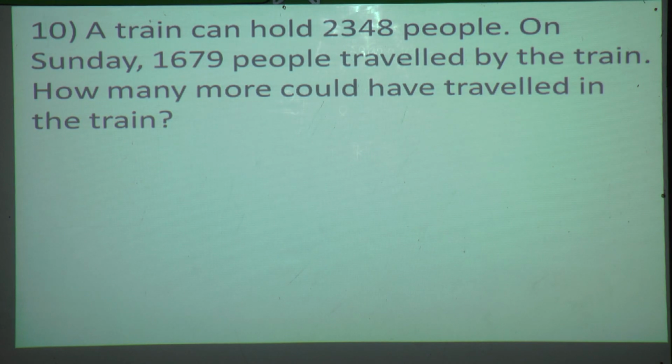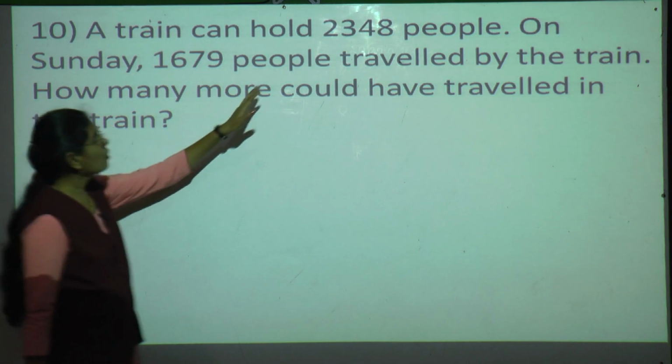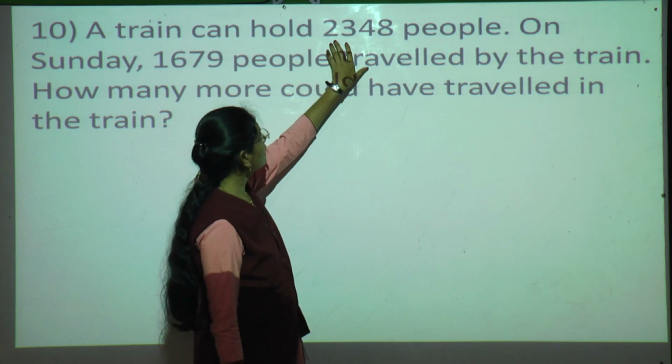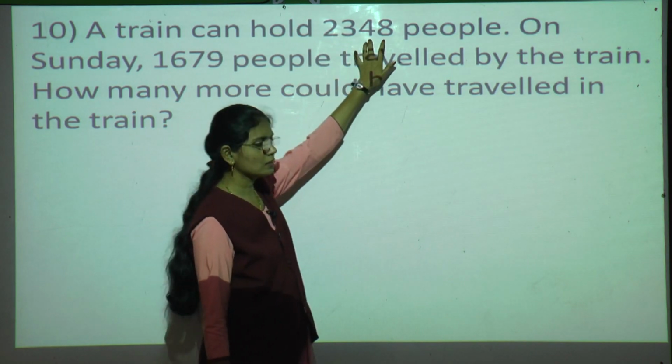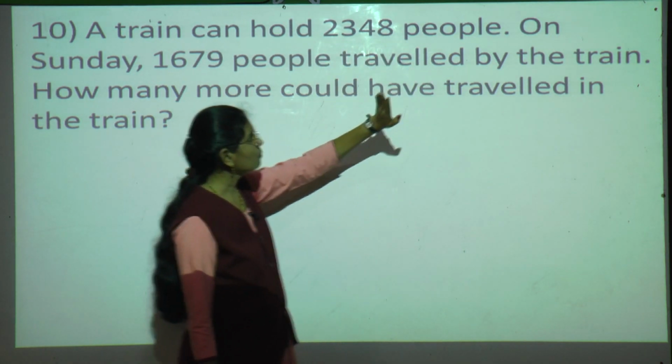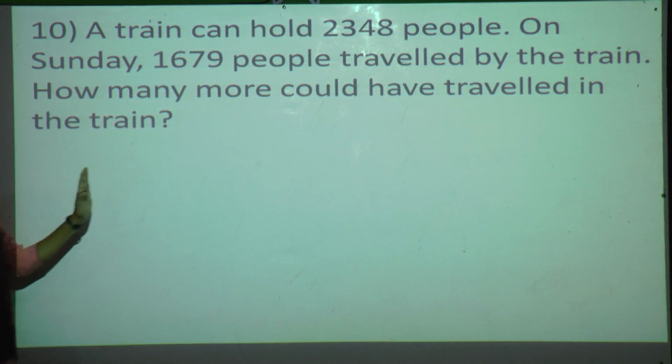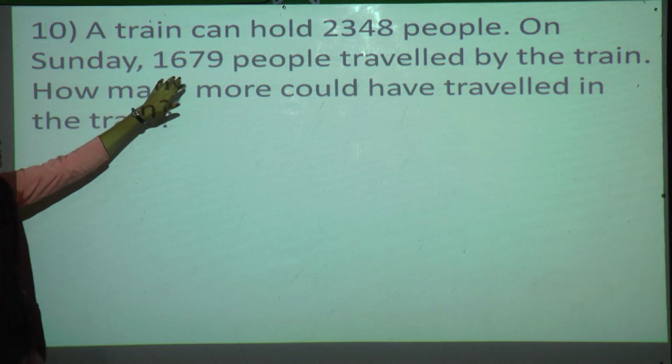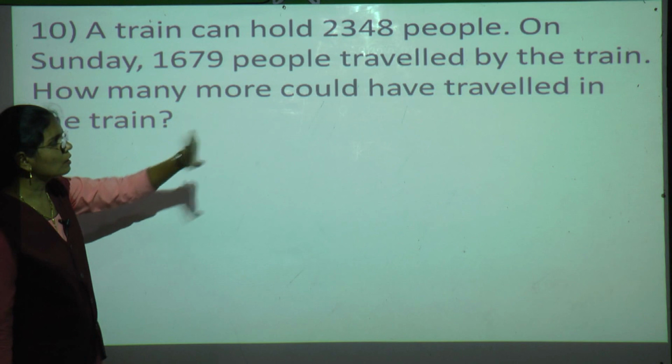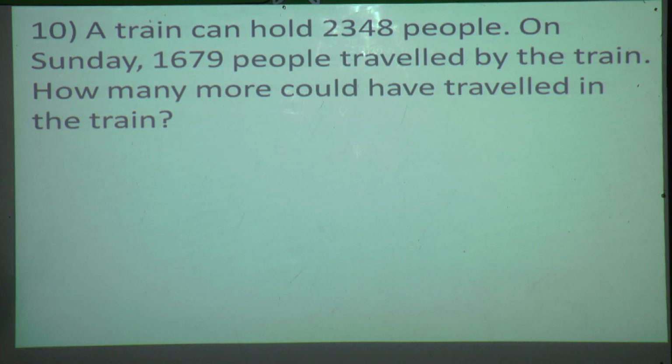A train can hold 2348 people, means this is the capacity of train. What is the capacity of train? Train can hold 2348 people. On Sunday, 1679 people traveled by the train. How many more could have traveled in the train?